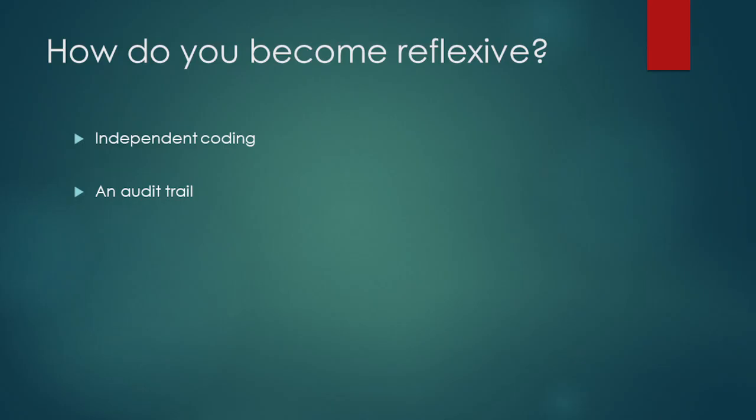One of them is using independent coding by different researchers, which is common, say if you've got a massive research project, where multiple researchers could do the analysis. Or you could use an audit trail, which I've used myself, by using a documentary record of the steps that you've undertaken, as well as the decisions you've made along the way.